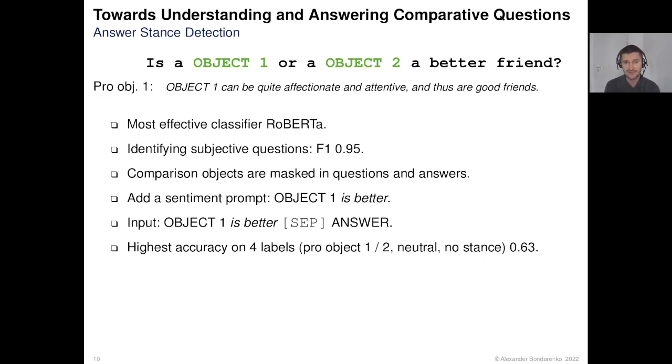Then we extended the masked object with a sentiment prompt like is better, and then we constructed an input to RoBERTa as object, sentiment prompt, separator, and then the answer. And the highest accuracy that we were able to achieve on 4 labels was 63%.